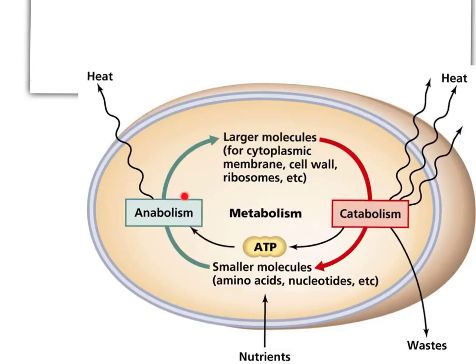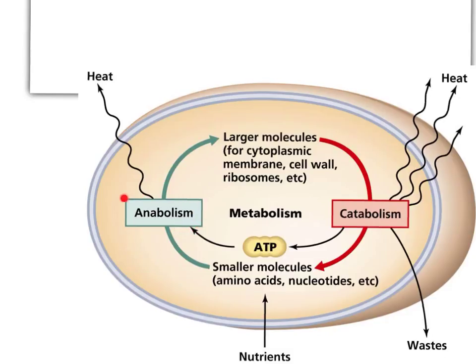Also, we have anabolic processes that occur inside cells. Protein synthesis would be an example of an anabolic process, where we take simple subunits such as amino acids and cobble them together to form large protein molecules, such as a collagen molecule, which might be a structural molecule produced in bone or teeth or cartilage, etc. So that would be an anabolic process.